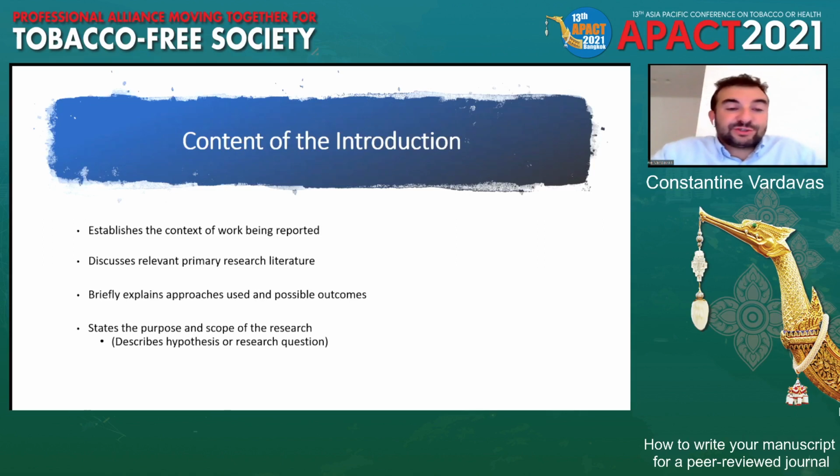It should discuss relevant primary research literature and briefly explain the approach and outcomes, very briefly. The main point I'd like to talk about is bullet point 2, discussing relevant primary research literature, which means the introduction of a manuscript adds some sections and has to have a background of literature.